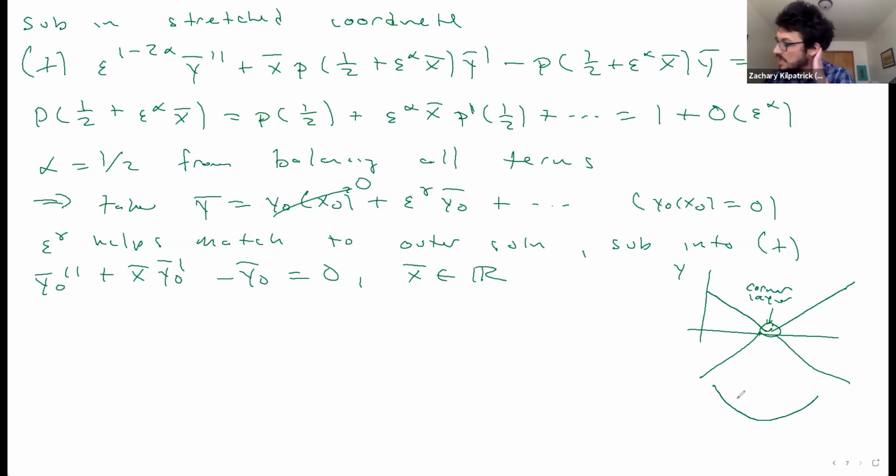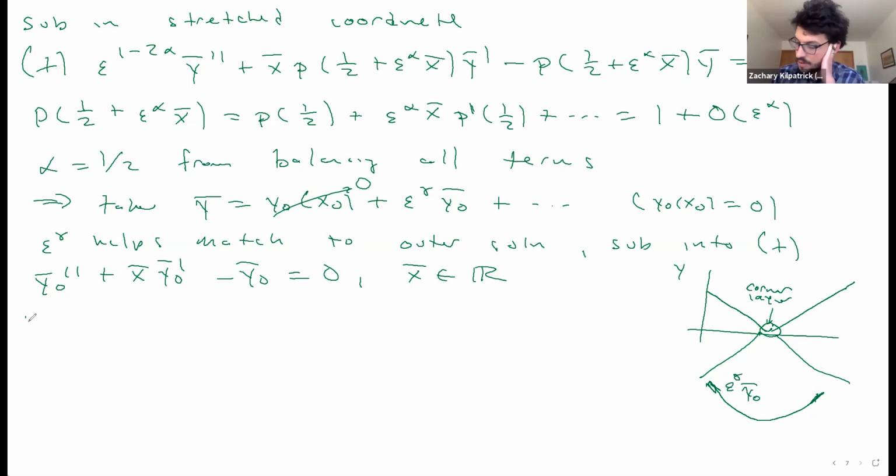So this is what I'm going to want to see in y bar 0, some kind of function that looks like that. It's going to have a different slope here than it has here, and we need this epsilon to the gamma term. So that's what we should be anticipating.